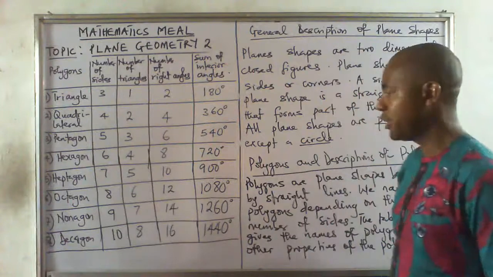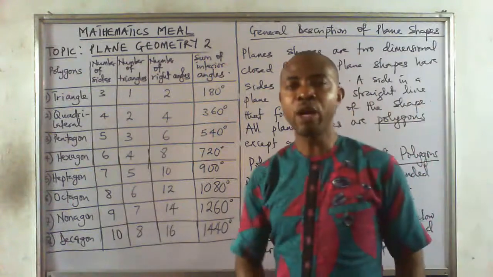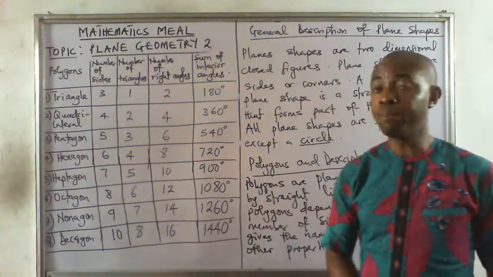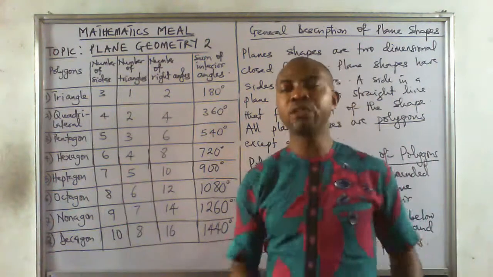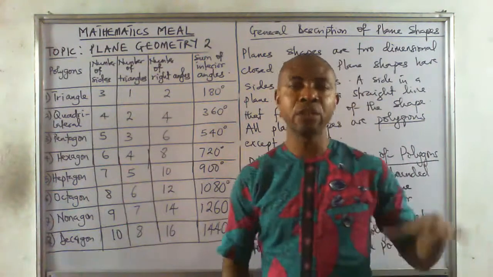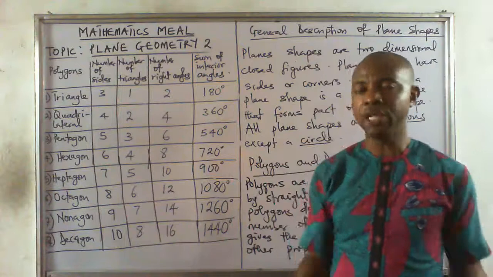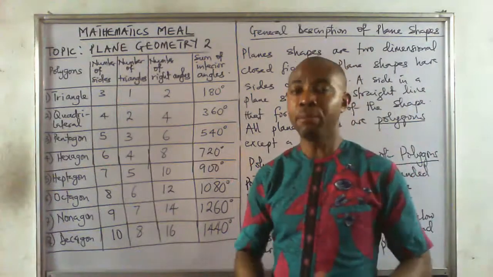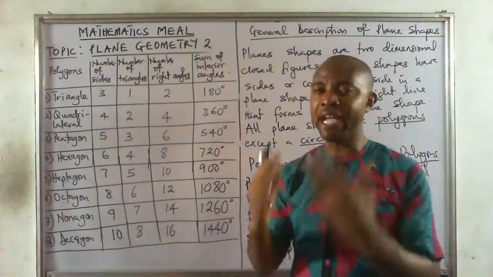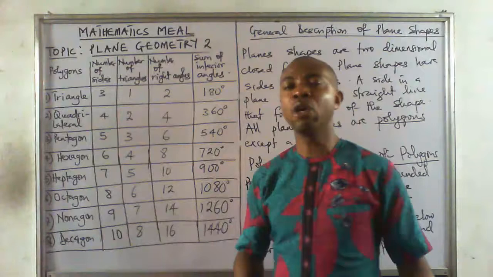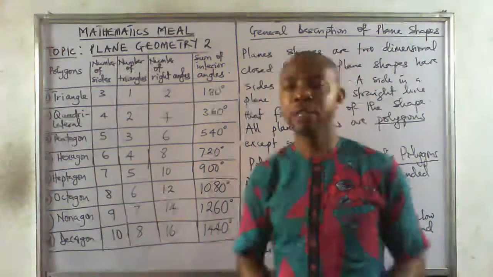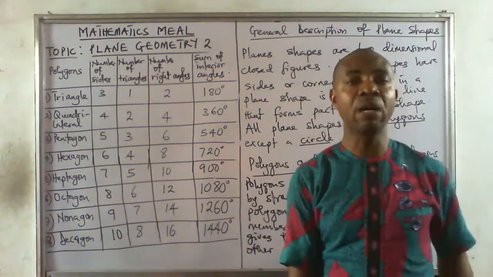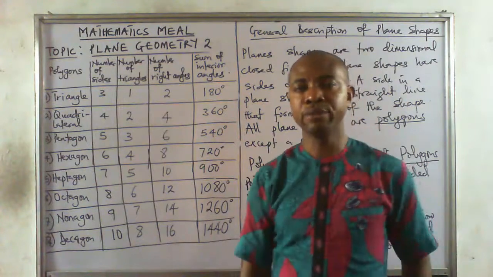We are going to go on a short break, and when we return, we are going to continue with plane geometry too. And the aspect we'll be going over to is on calculations of angles in shapes, particularly in plane shapes, particularly also in what you call polygons, angles in a polygon. That's what we're going to focus our attention on when we return.